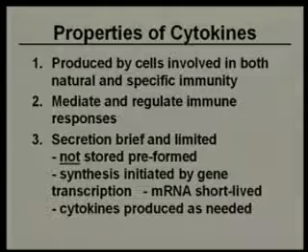Synthesis is initiated by gene transcription, mRNA. Again, the mRNA is short-lived. That goes back to the secretion being brief and limited. And again, cytokines are produced as needed. You don't have a lot of cytokines always circulating throughout your body, because if you did, you'd have a lot of activated cells, and that can lead to autoimmune disorders or a lot of different inflammatory responses.